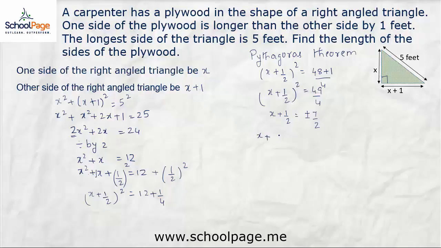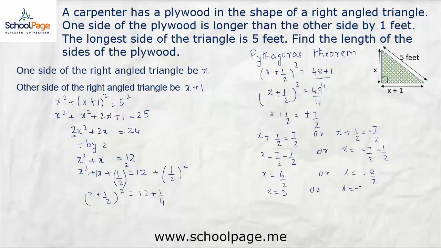That means x + 1/2 = 7/2, or x + 1/2 = -7/2. x = 7/2 - 1/2, or x = -7/2 - 1/2. x = 6/2, or x = -8/2. x = 3, or x = -4.